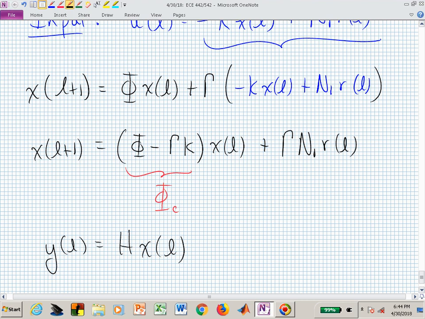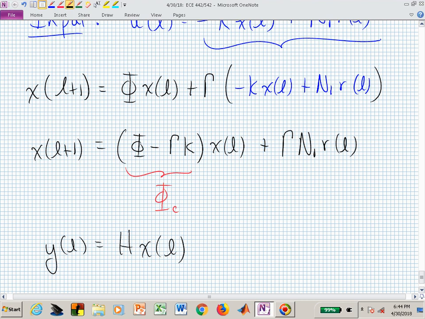That's our state space closed loop system in the time domain. We now want to put that into the frequency domain. And that's not hard. If we z-transform the dynamics and the output equation, we can find the transfer function between the reference input R and the output Y.